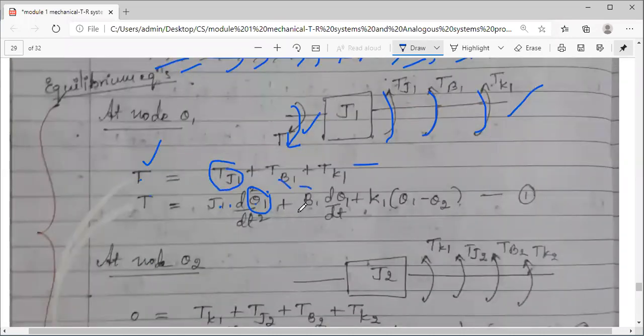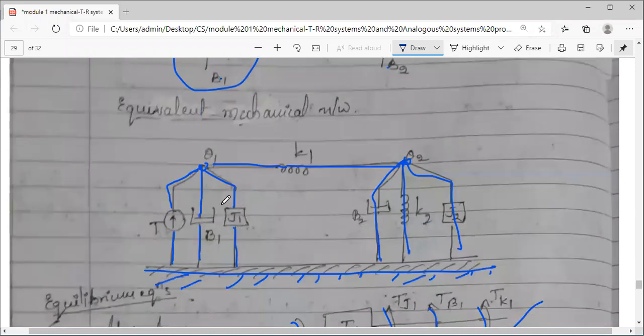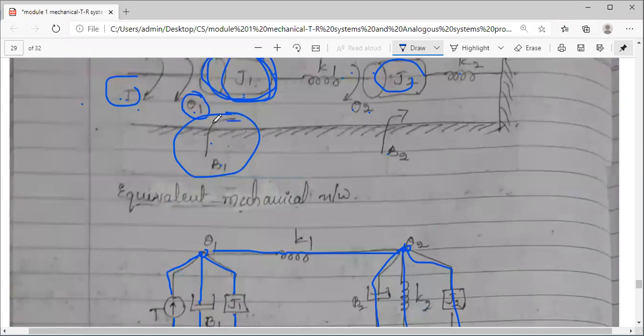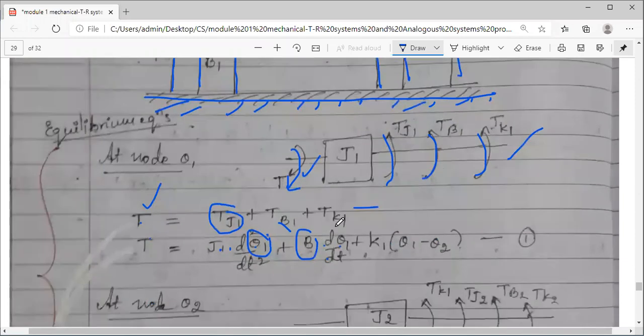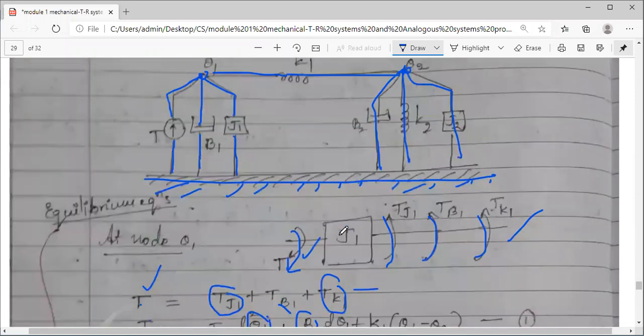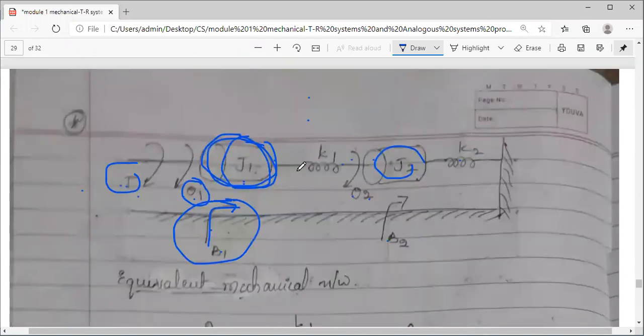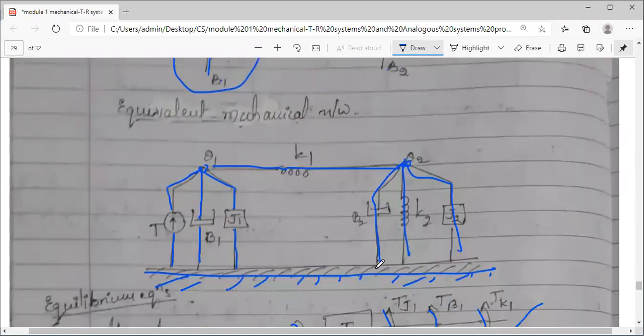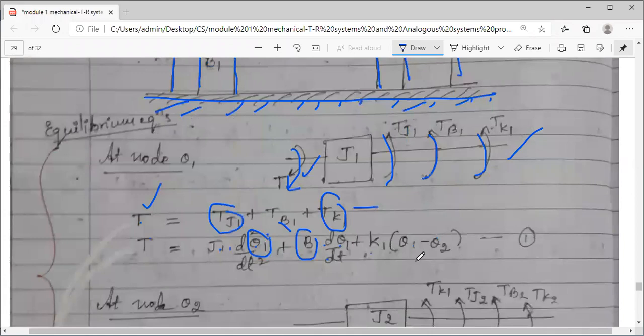And TB, which is B1 d by dt of theta 1. Again, why have I taken theta 1 only? Because this is also for theta 1 displacement only. Coming to TK1, which is a shared element. K1 is a shared element between theta 1 and theta 2. Hence, in the equation, I have to specify K1 times theta 1 minus theta 2. Why is it theta 1 minus 2?